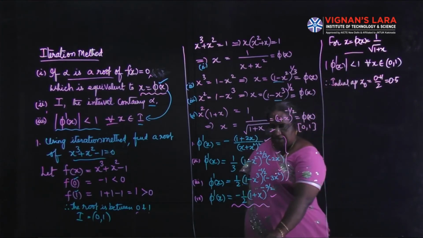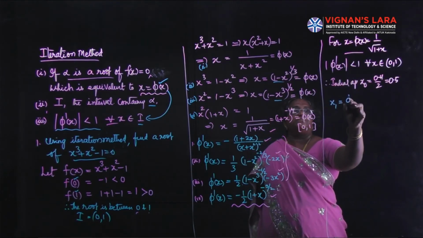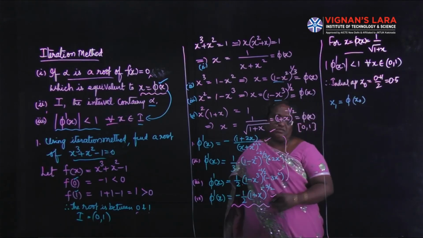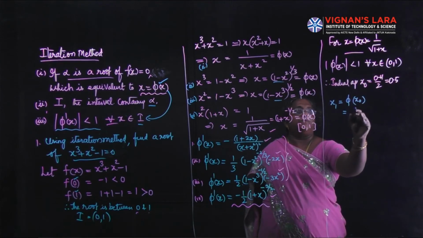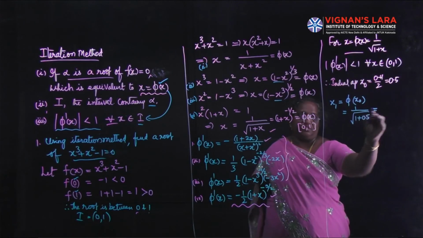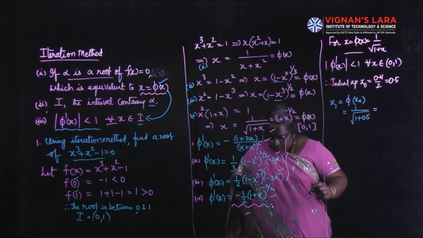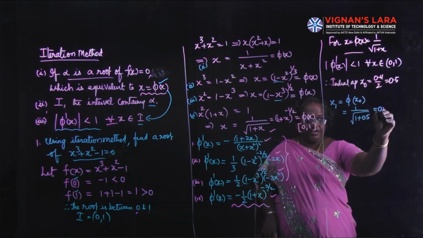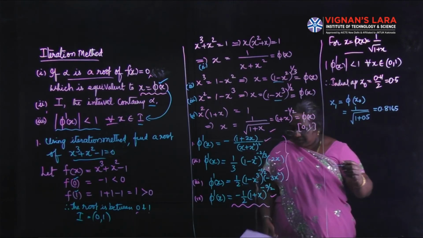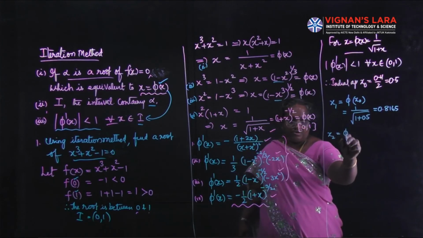X1 is equal to phi of x naught, which is 1 by root of 1 plus 0.5, since x naught is 0.5. If you evaluate that, we get 0.8165.